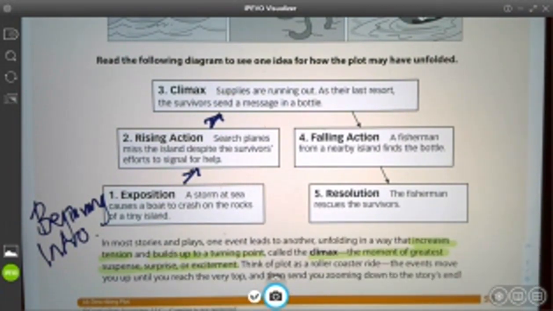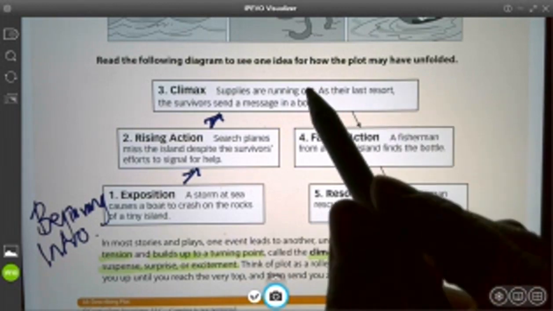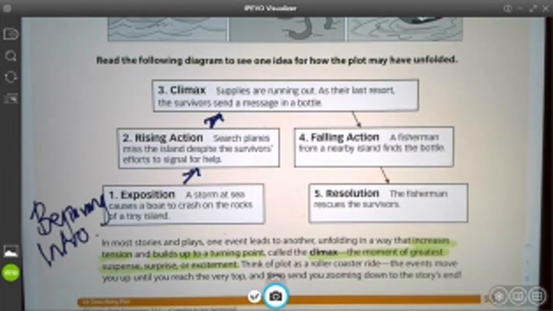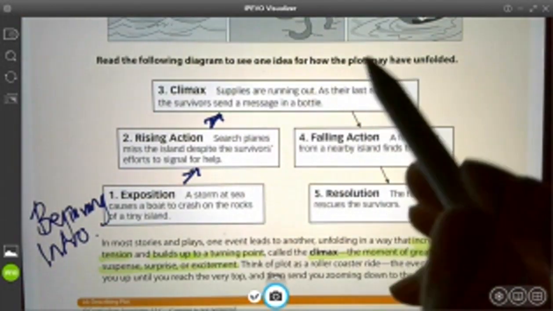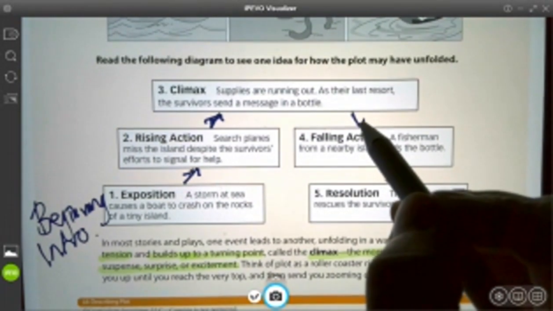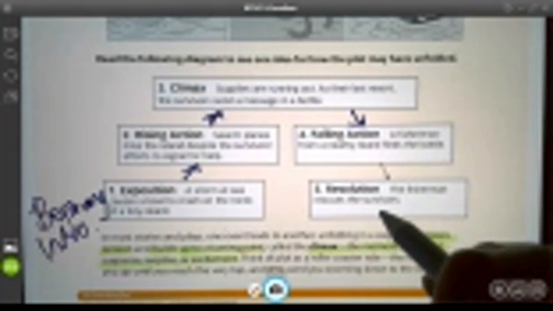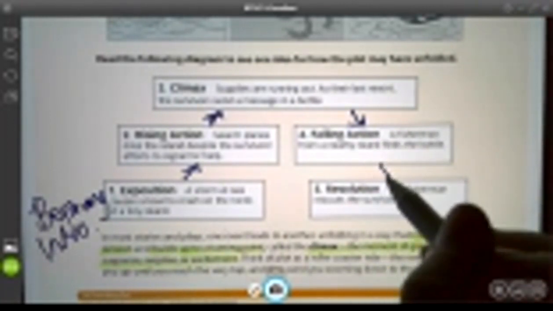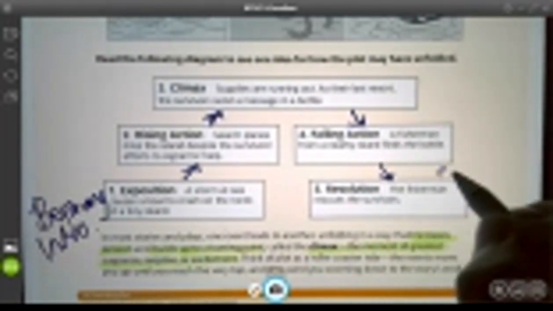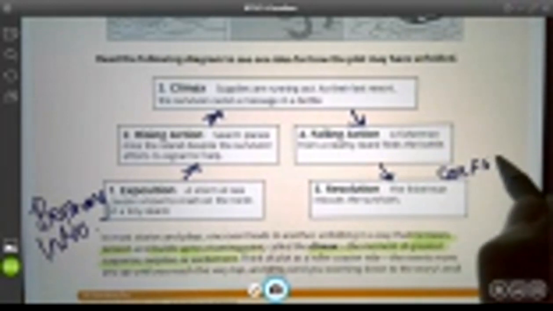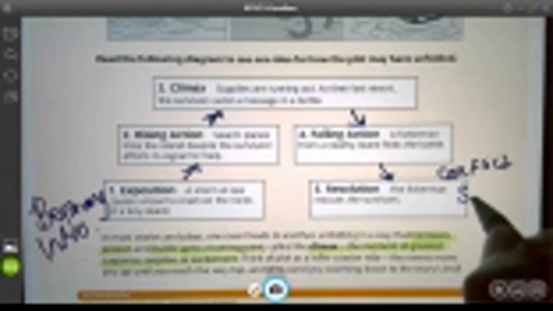The events move you up until you reach the very top and then send you zooming down to the story's end. So after the climax, you get some things that happen that are going towards the resolution, which is the end. And then at the end, usually your conflict is solved in the resolution.